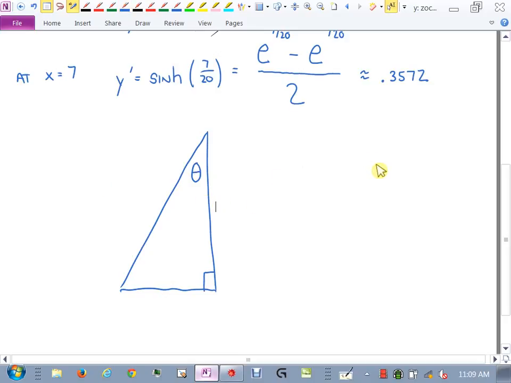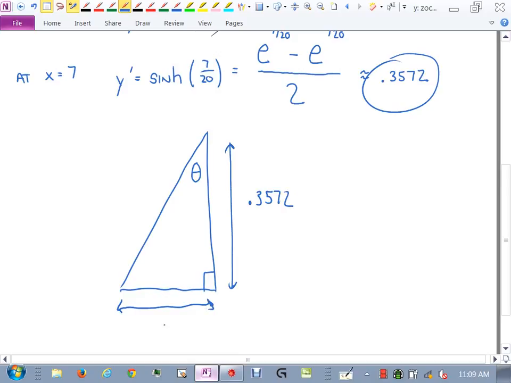The only thing I know is the slope of this line, right? And the slope of a line, back from when we first learned about slope, is rise over run, isn't it? And if my rise over run is 0.3572, then I know that my rise here is 0.3572 as long as the run I'm using is 1, right?